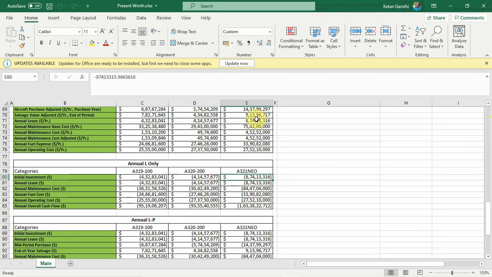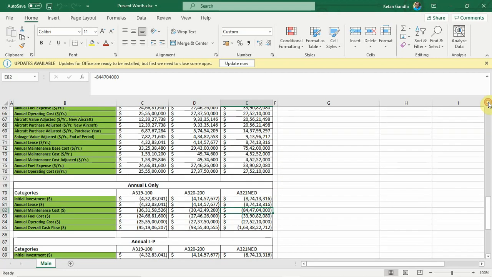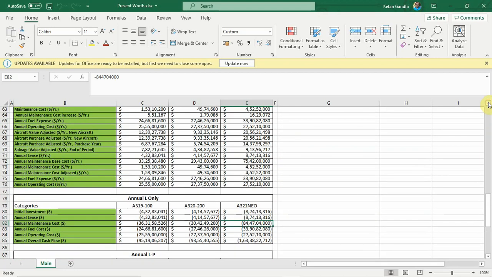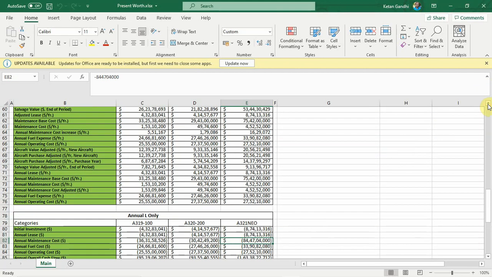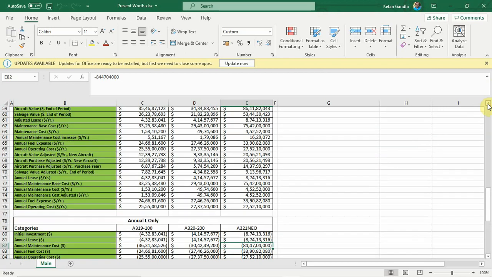This is the annual lease, so the same amount comes here, and then you have the maintenance cost, which is coming from here, what we entered. These are yearly figures. So these figures are coming from the calculations we did.